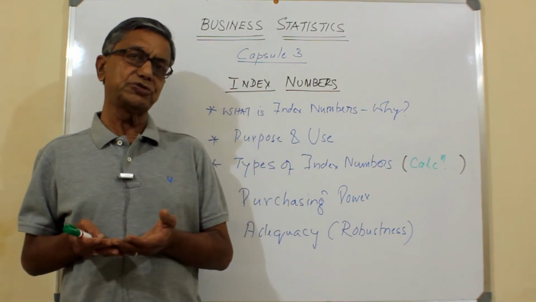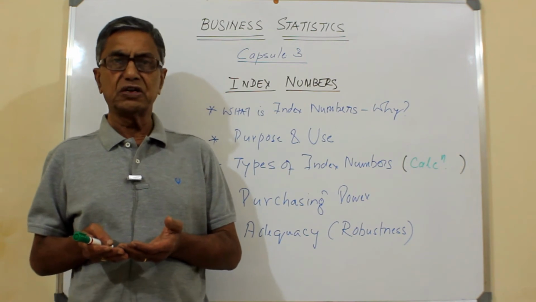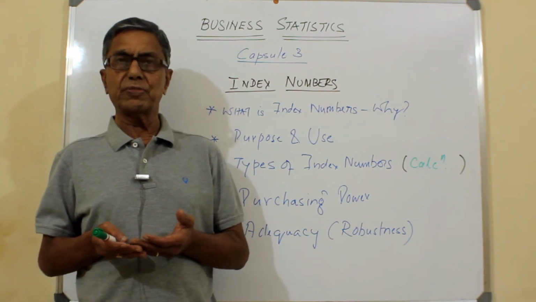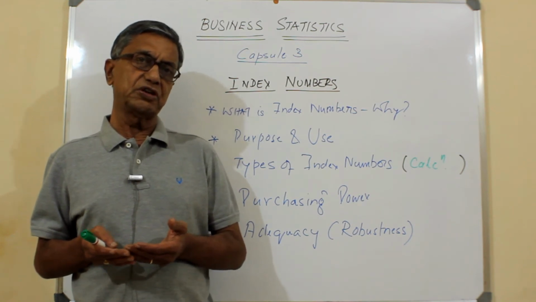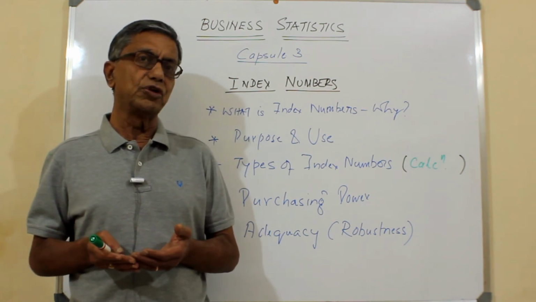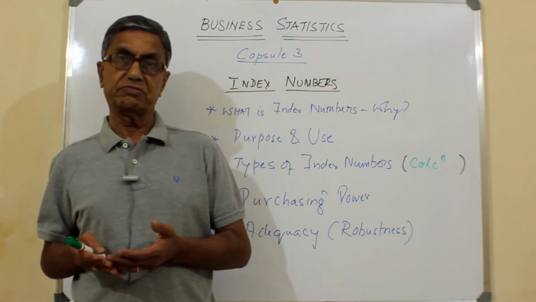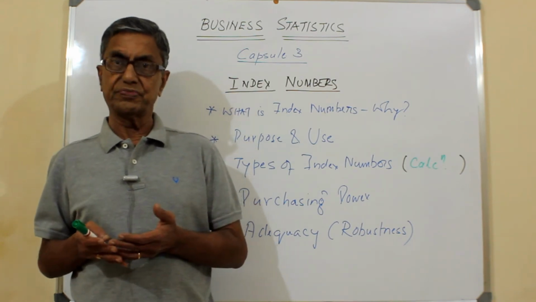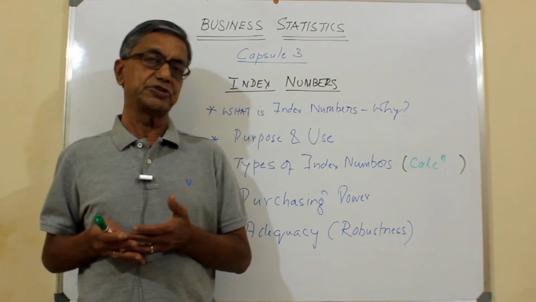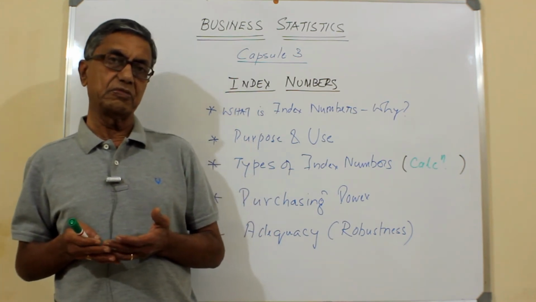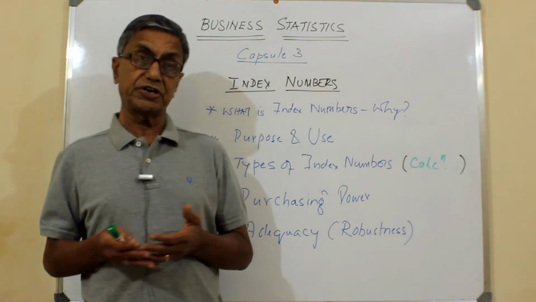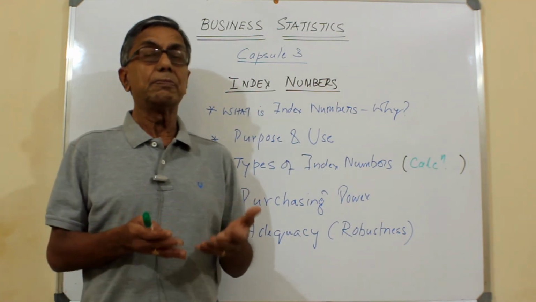There's an enormous usefulness of index numbers in the economic environment, and several economic parameters with their index numbers are useful in future prediction: how the economy is going to be, how the macroeconomic situations will be, how the country is going to develop over a period of time. Besides, it helps in budgeting, it helps in planning.